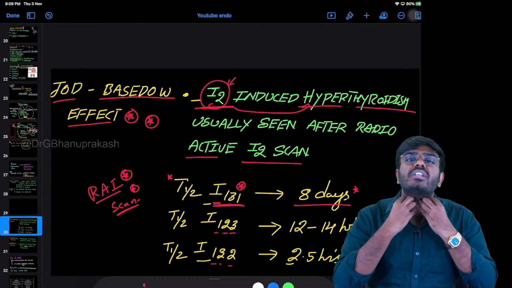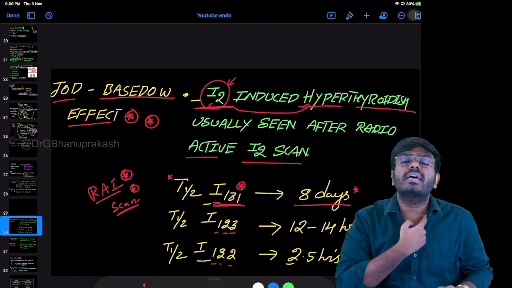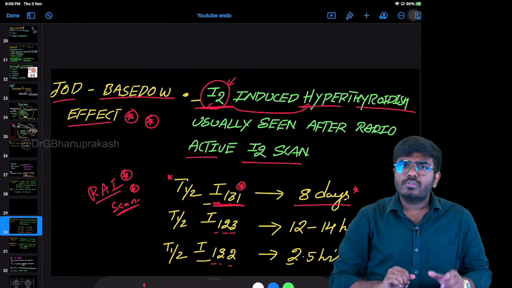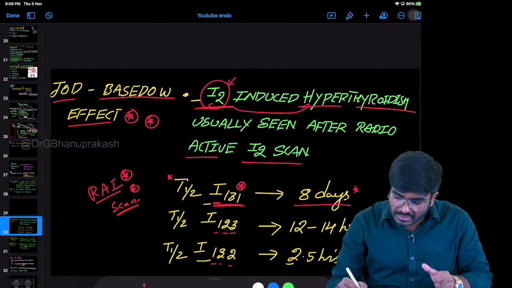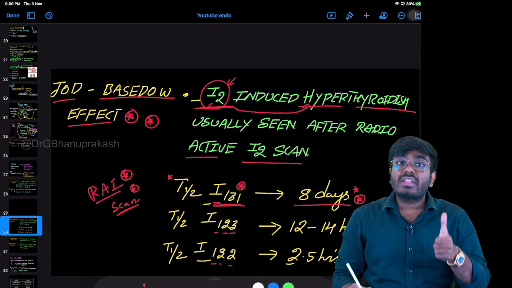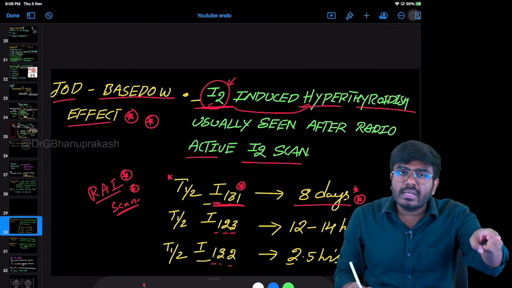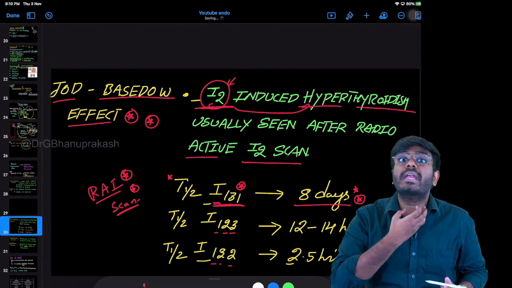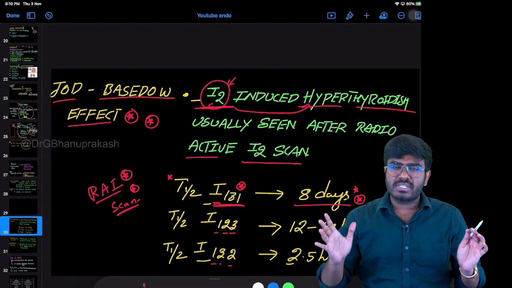It emits radiation. It will kill the thyroid tissue. So hyperthyroidism is treated. Know this point: iodine 131 is going to stay in the body for 8 days. So for these 8 days, you have to isolate this person. You should not let this person simply move in public. Radioactivity is there. So simple isolation.